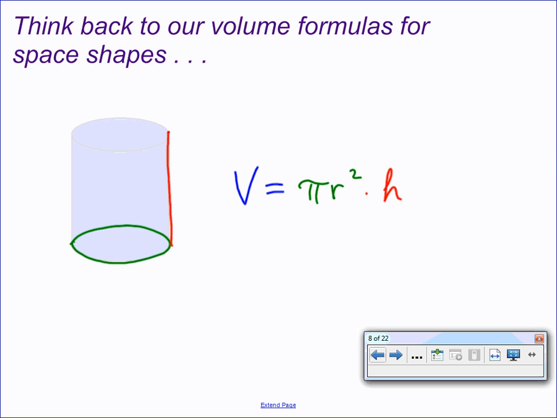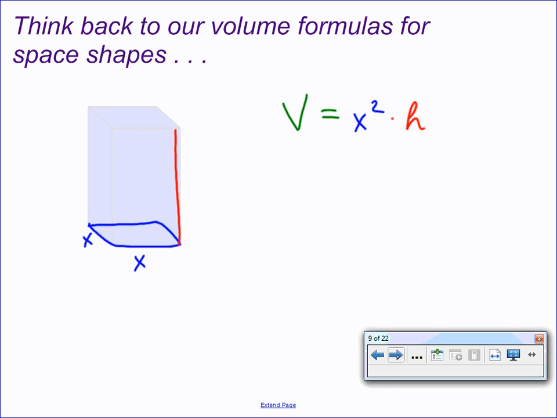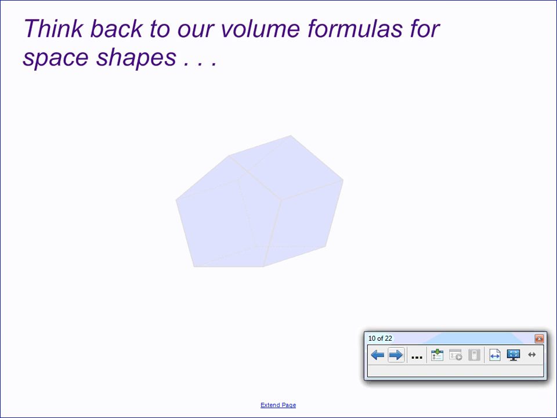If we could generate a formula for the area of the base, call it big B, and then multiply it by the height of the solid, call it H, that big B base area multiplied by the height H equals the volume of the solid. We're going to apply that same notion now to irregular shaped regions. And so if we let this be, it's coming, but you don't know it.